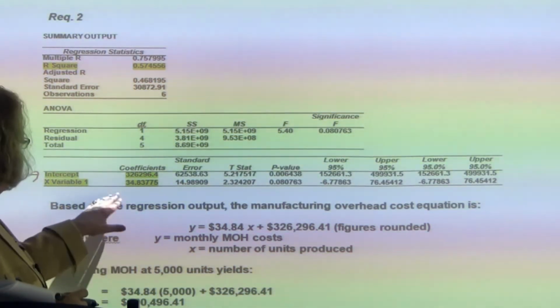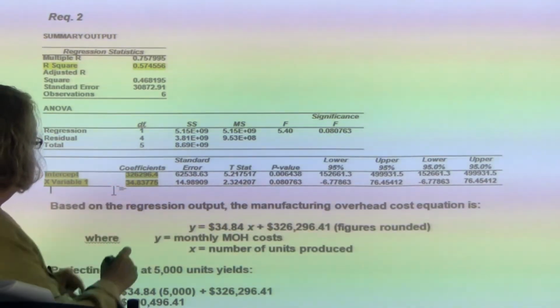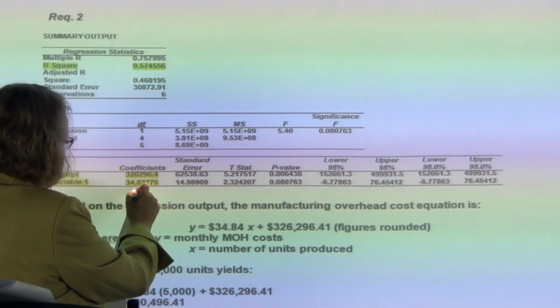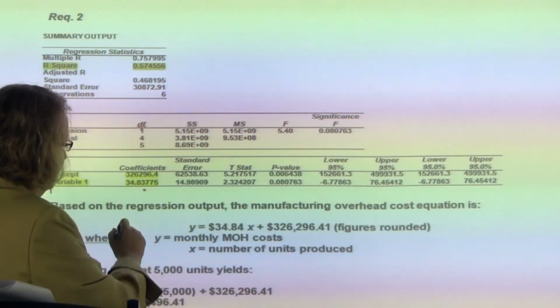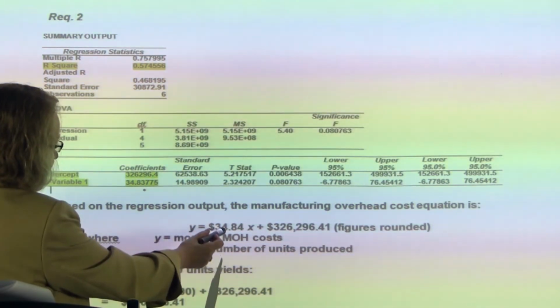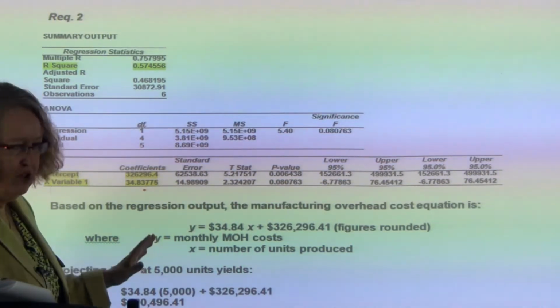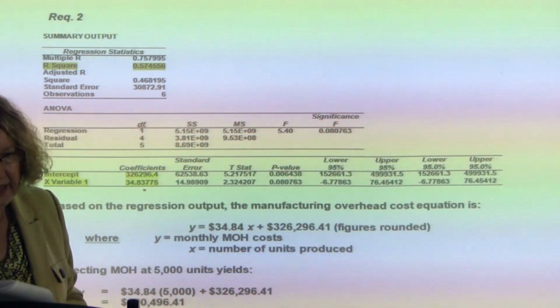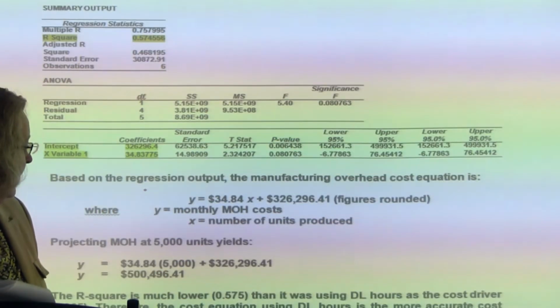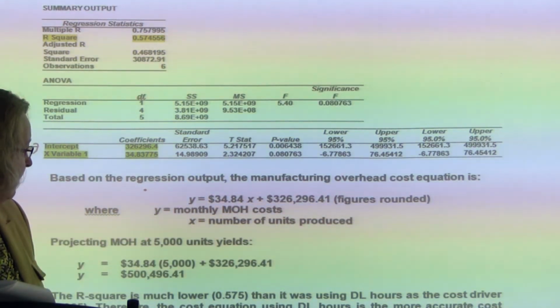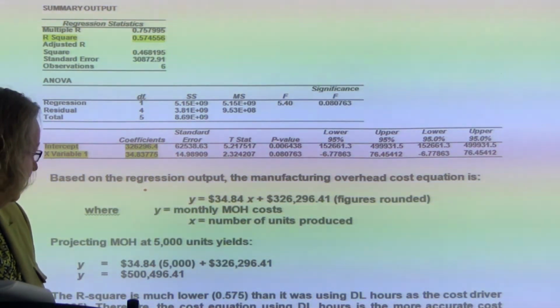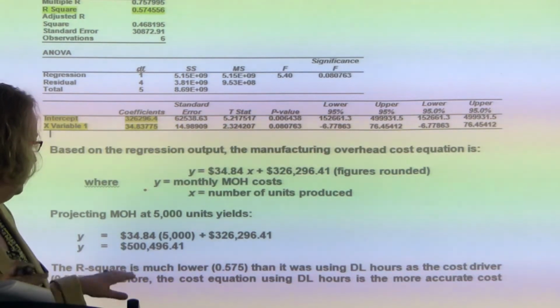And the variable is 34.80. This is our variable cost here, and that's where the 34.84 is coming from. So again, you have now generated your formula. Now it's asking, using that formula, what if you produce 5,000 units? What would your cost be?